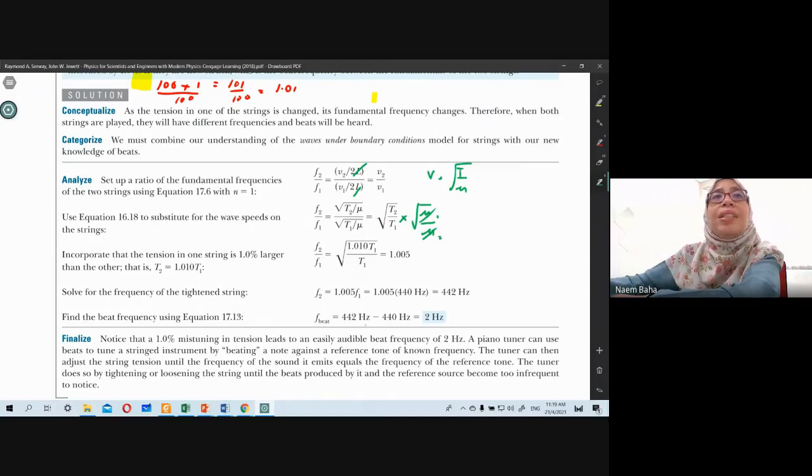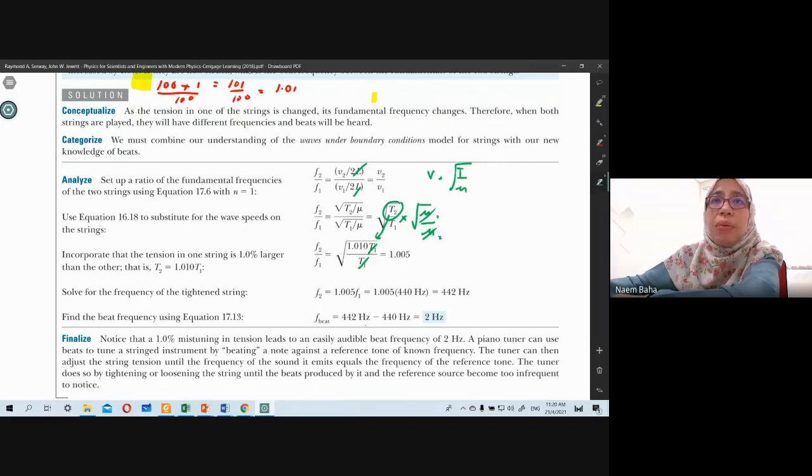So let's now introduce the numbers. T2 is increased by 1.01 of the first, T1. So now you can cancel out T1, and from there, F2 over F1 is 1.005.